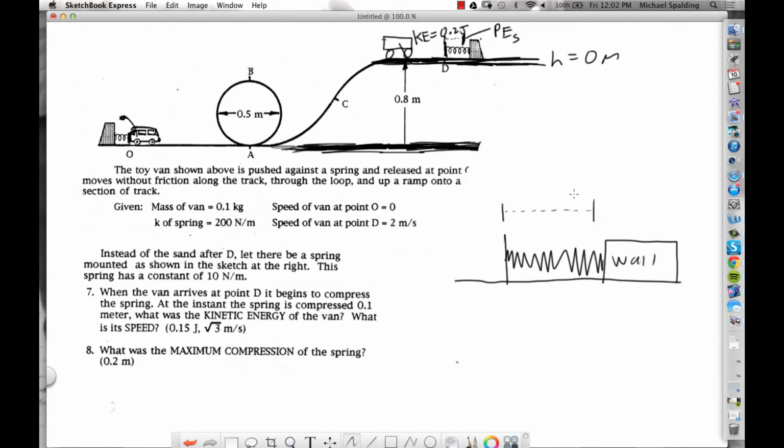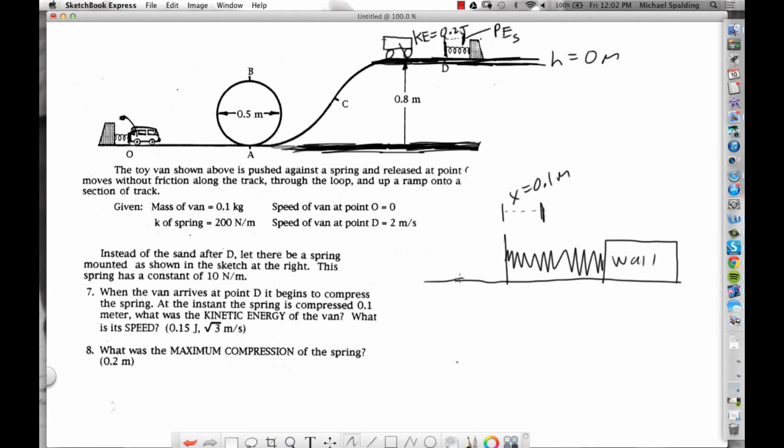So we're going to focus on the spring when it's halfway compressed, right here, when x equals 0.1. Is the van still moving? It's not going to stop until it gets over to here, right? So we're focusing on the situation when the spring has been compressed 0.1 meters.